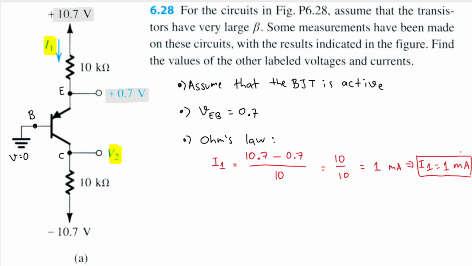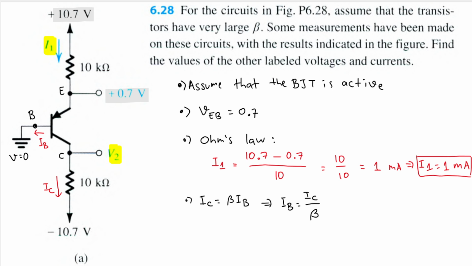Now we need to find V2. But first, I think we can find the current here. Let's name this IC, and here we will have IB. Remember that in a BJT transistor, IC is equal to beta IB, so IB is IC divided by beta.